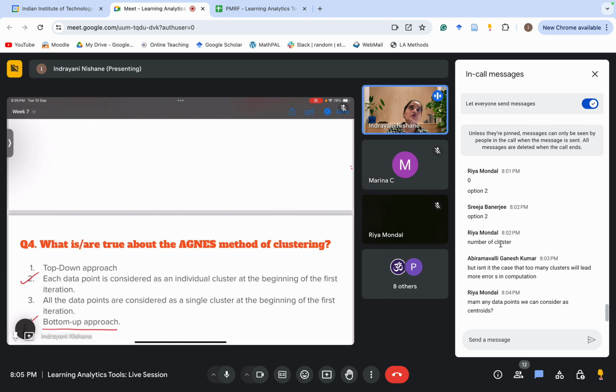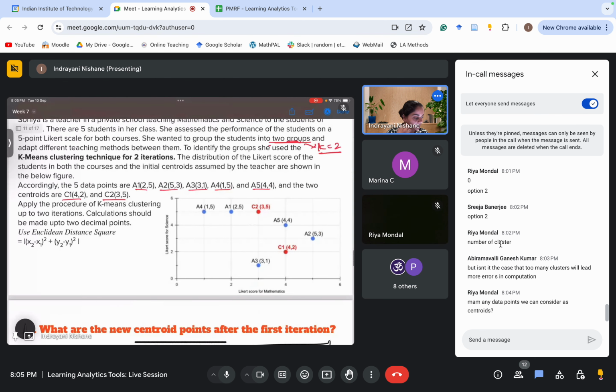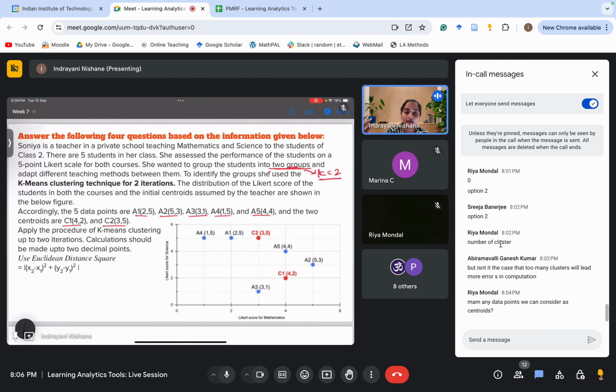Yes, we can. There is no restriction on what your initial centroid could be, because the initial centroid will just give us some idea about which points should be clubbed together. Then the role of the initial centroid is over. As you saw in this particular problem, they were given two data points, c1 and c2.